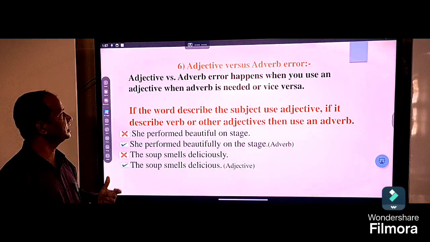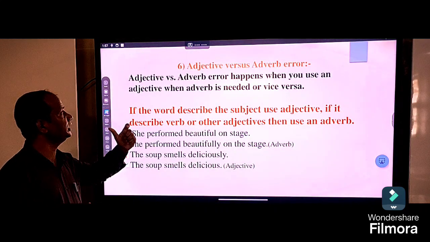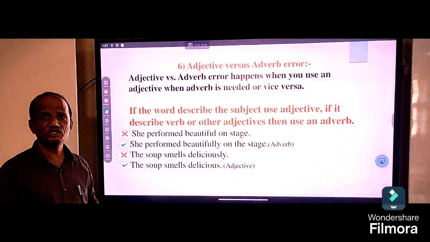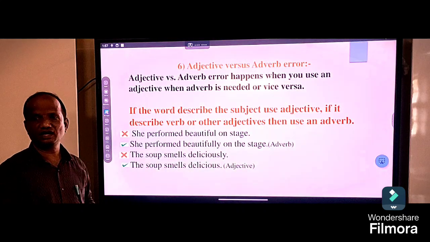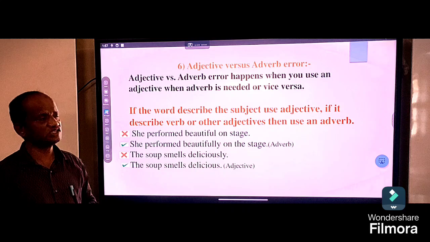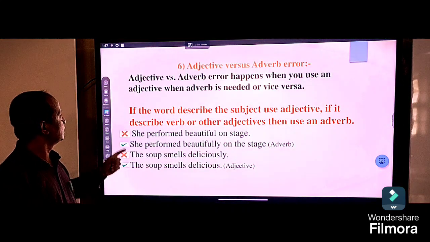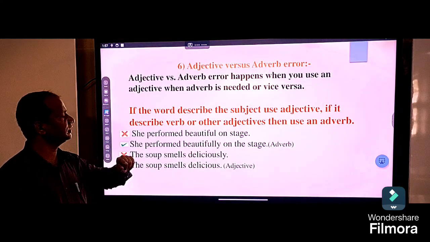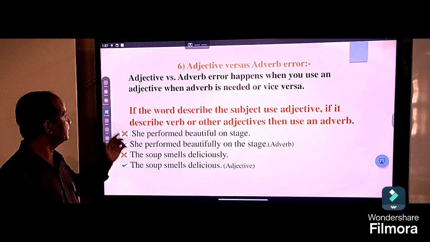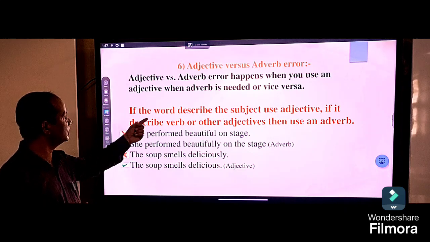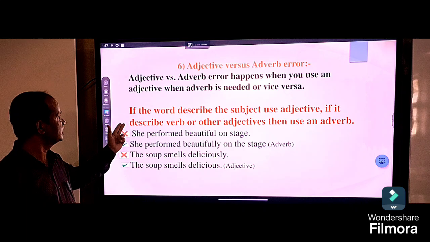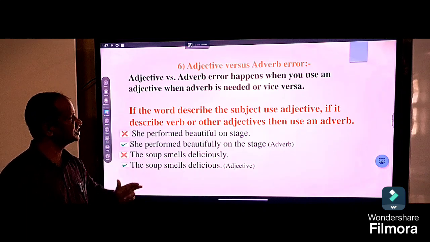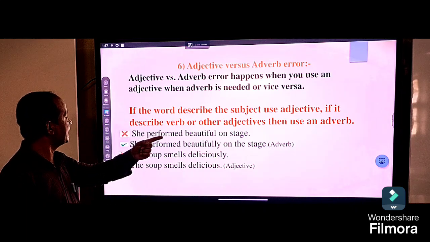So, to avoid this error, we have to use adjectives where necessary and adverbs where necessary. The simple formula for it is that if the word describes the subject, use an adjective. If it describes a verb or another adjective, then use an adverb.